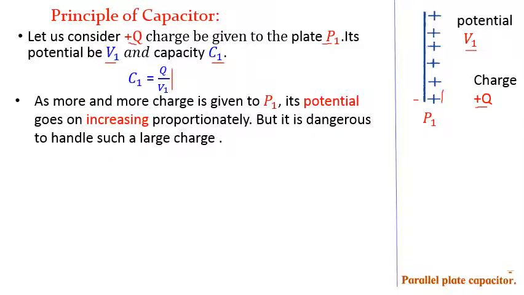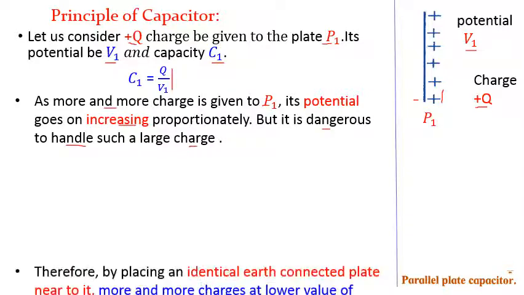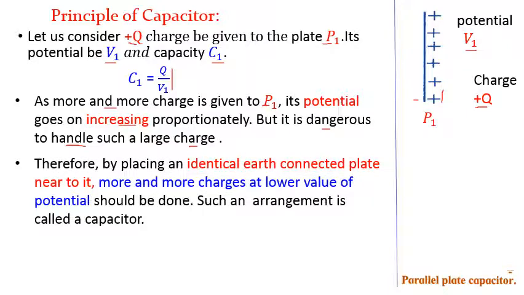Now, when more and more charges are given to this plate P1, the potential goes on increasing. But as the potential increases, it is very dangerous to handle such a large charge. Therefore, by placing an identical earth connected plate near to it, more and more charges can be stored at a lower value of potential. This arrangement is called a capacitor.